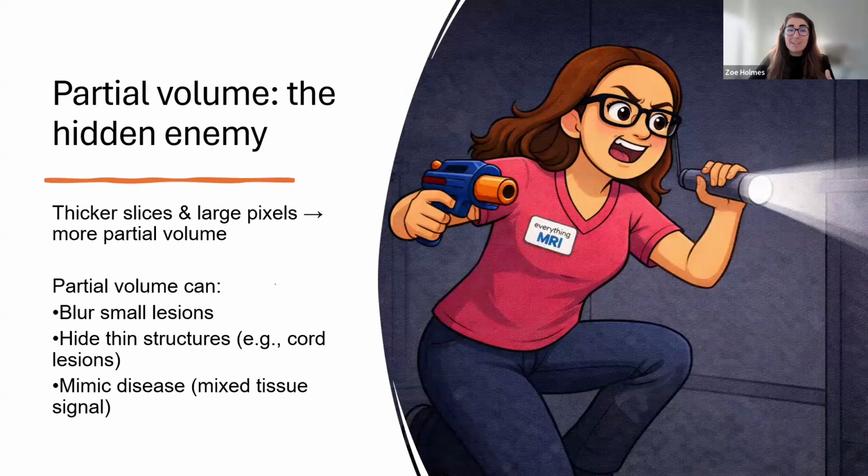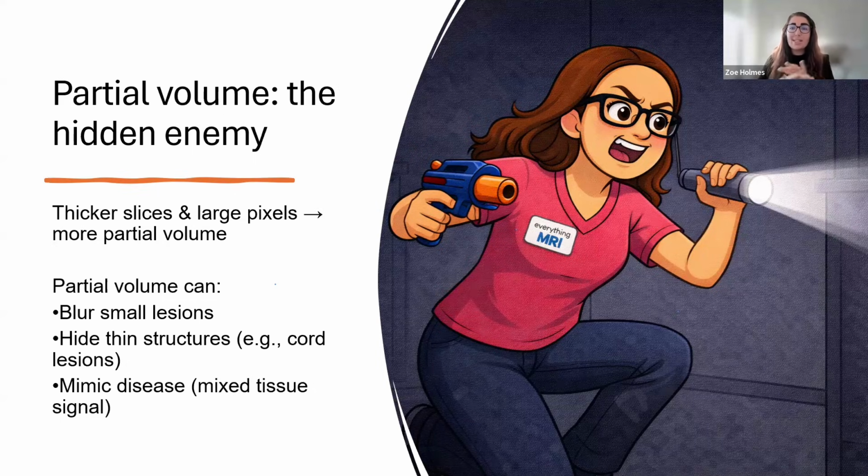So partial volume really is a hidden enemy. Partial volume is the enemy of diagnostic MRI. It occurs when a voxel contains a mixture of tissues. For example, if a disc and a nerve root, or a lesion and normal marrow, are combined within one voxel, the voxel reports the average of the signal.